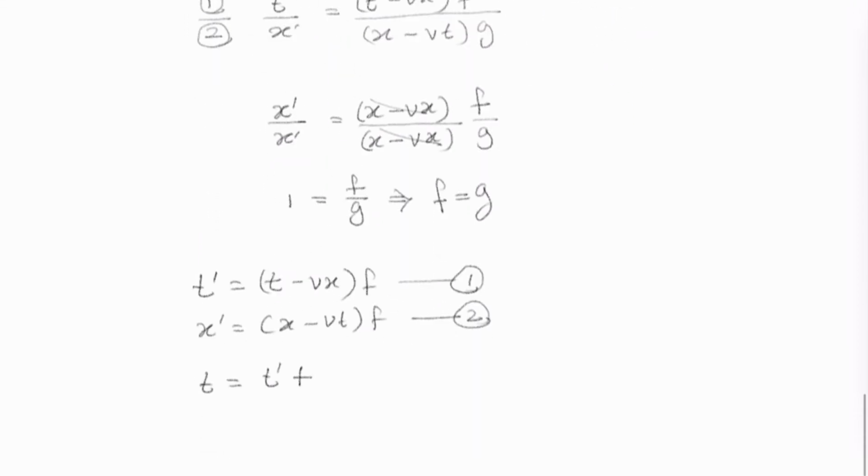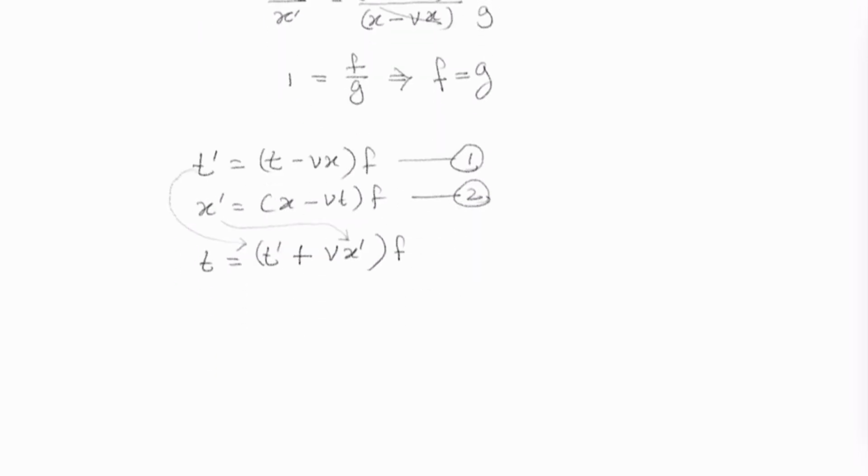We'll substitute for t bar and x bar. So t equals the bracket t minus Vx times f, plus V times x bar, which is x minus Vt times f, the whole thing times f once again.